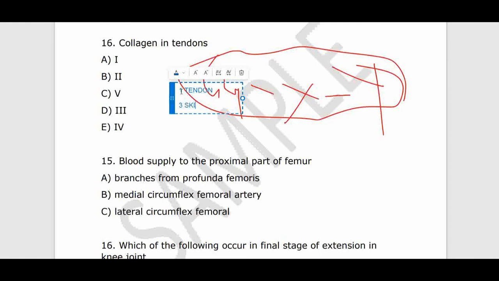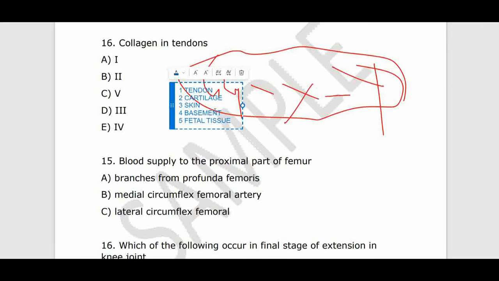And then type 4 collagen is basement membrane. Okay, so type 5 fetal tissue. So if I remember correctly, in cartilage is where you see more of type 2. So that's 2 cartilage. Yeah.